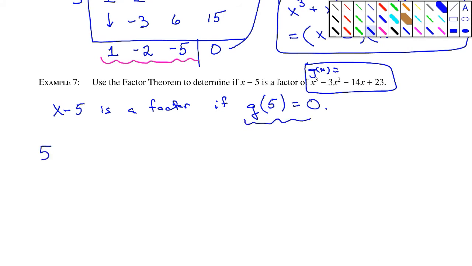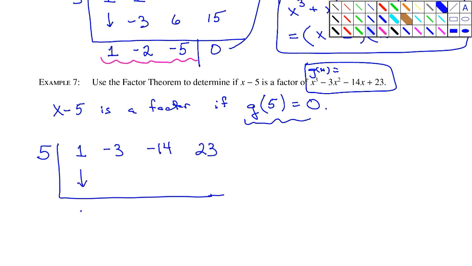So we'll have 5 go into the synthetic division, 1, negative 3, negative 14, and 23. Bring down the 1. 5 times 1 is 5. 5 minus 3 is 2. 2 times 5 is 10. Negative 14 plus 10 is negative 4. Negative 4 times 5 is negative 20.